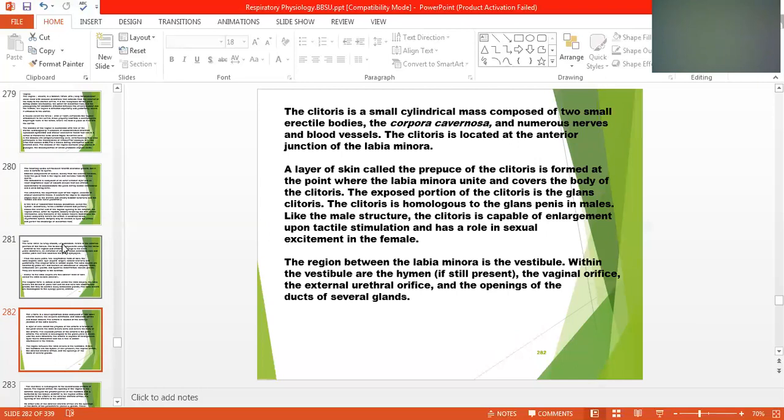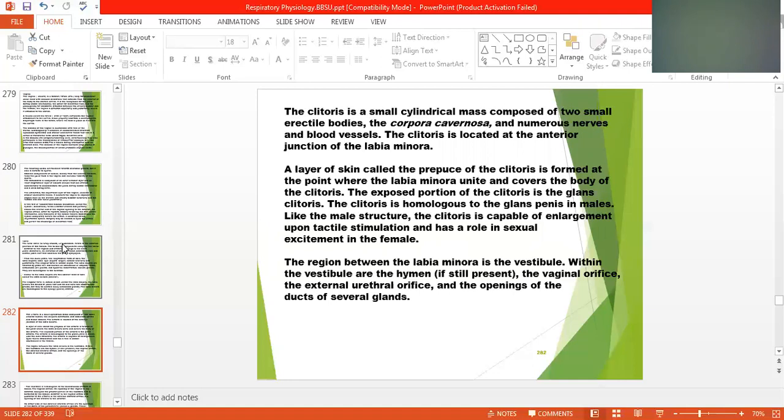The exposed portion of the clitoris is the glans clitoris. The clitoris is homologous to the glans penis in the male. Like the male structure, the clitoris is capable of enlargement upon tactile stimulation and has a role in sexual excitement in the female.